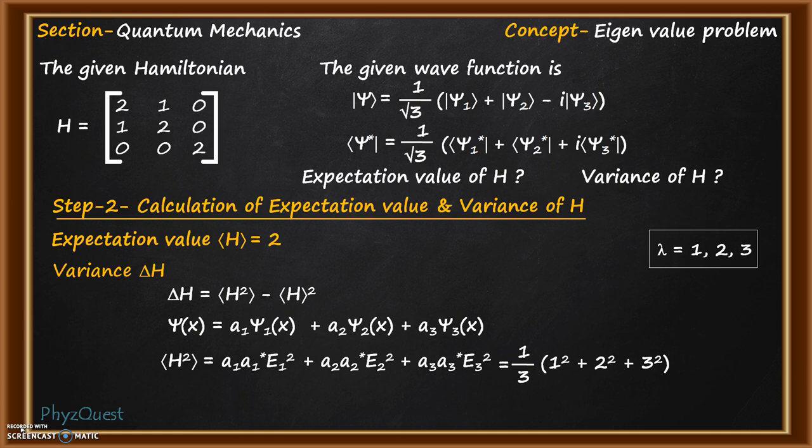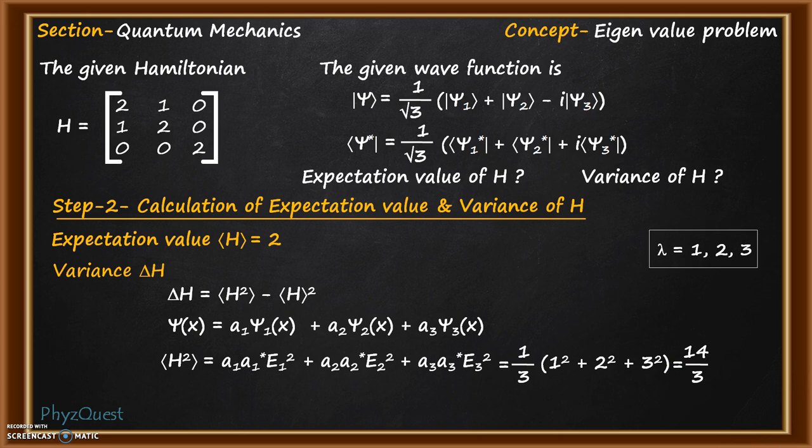Again it will not alter the final value, because as I said, each of the eigenstates has the same coefficient, that is 1 by root 3. So the final answer will not be affected even if we don't know exactly what E1, E2 or E3 is. Ultimately, when you finally calculate it, this will be equal to 14 by 3.